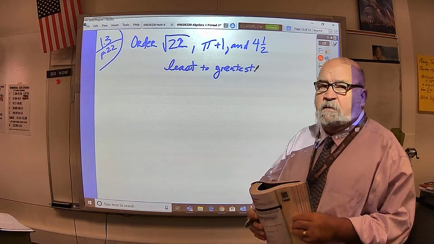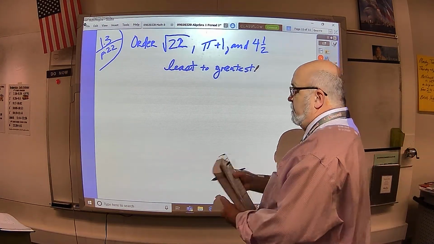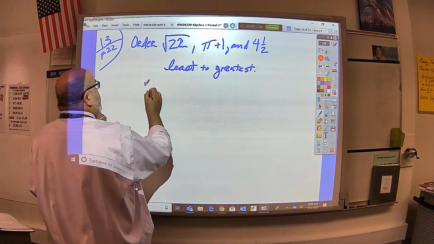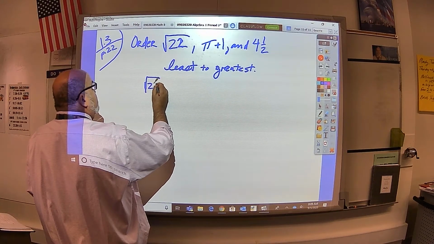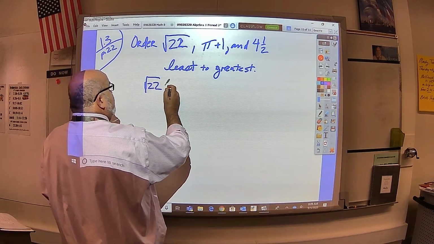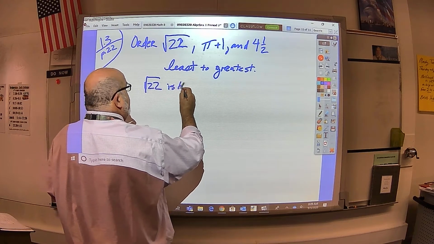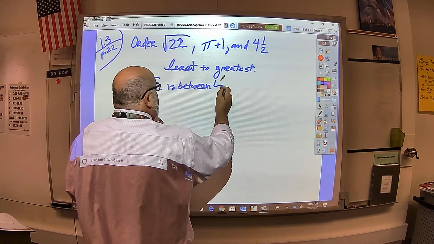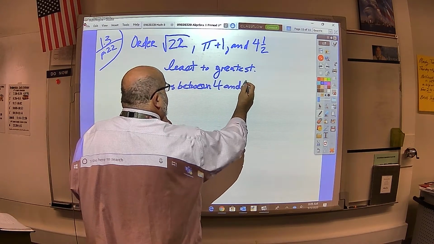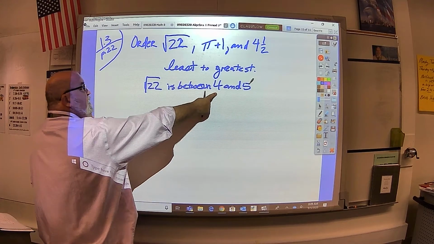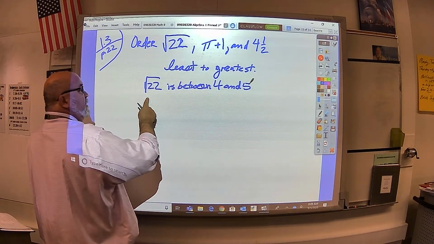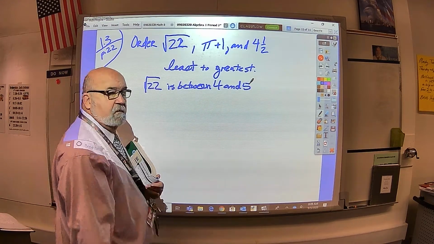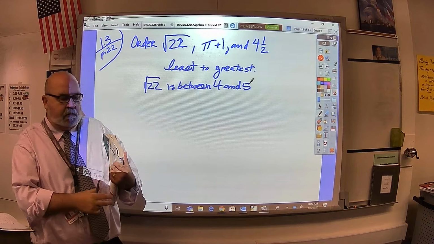First, recognize that the square root of 22 is between 4 and 5. 4 times 4 is 16, less than 22. 5 times 5 is 25, greater than 22. Just like we did before.